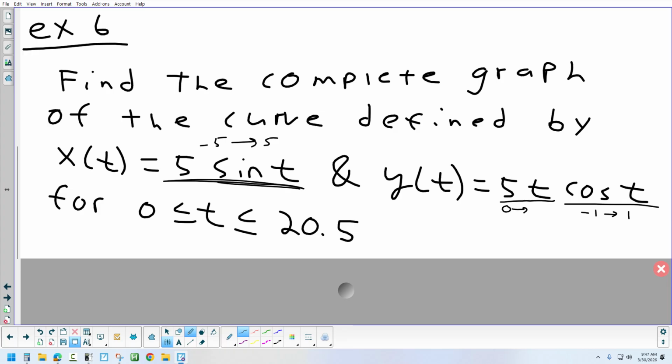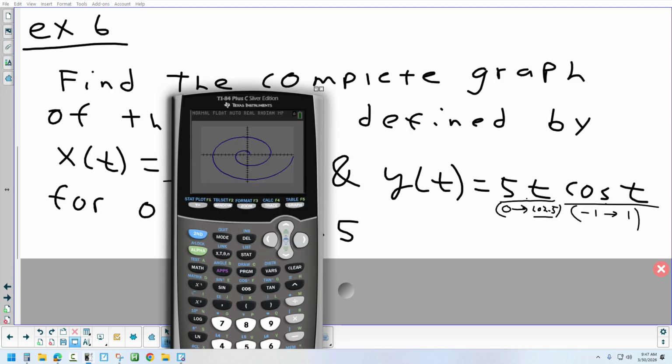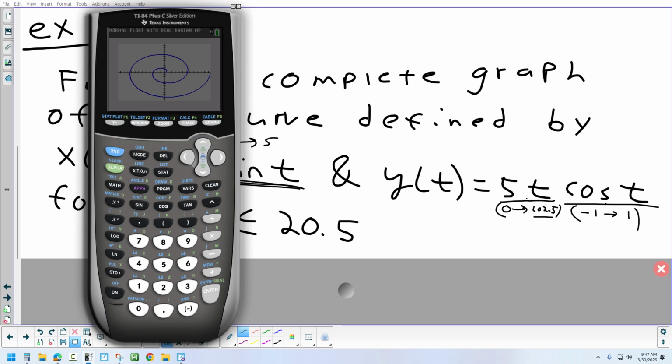What's the biggest that that part could be? 102.5. So if everything lined up just right, the biggest y value you could ever get when you multiply this times that is 102.5. And the smallest y value you could ever get is negative 102.5. So that is what we're going to use for our y min and max, 102.5.